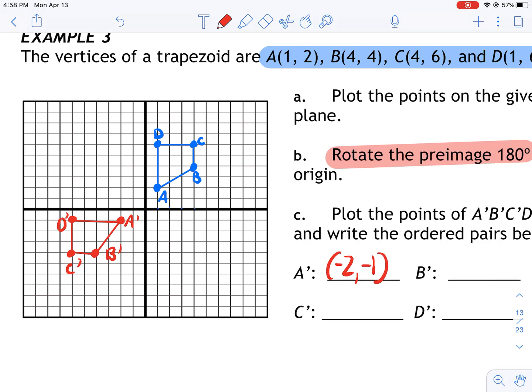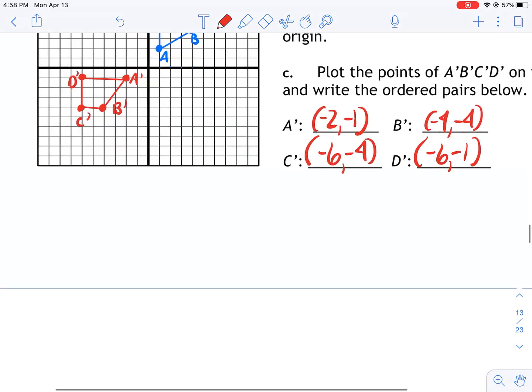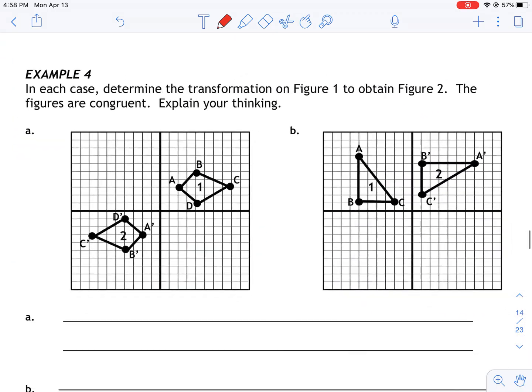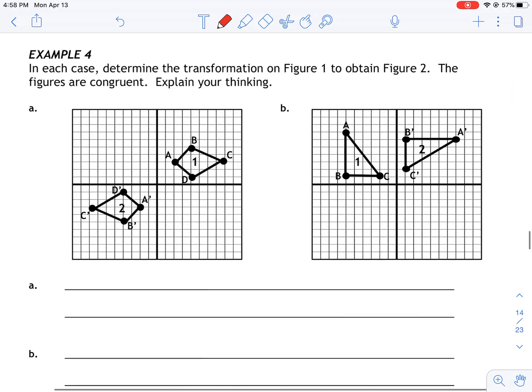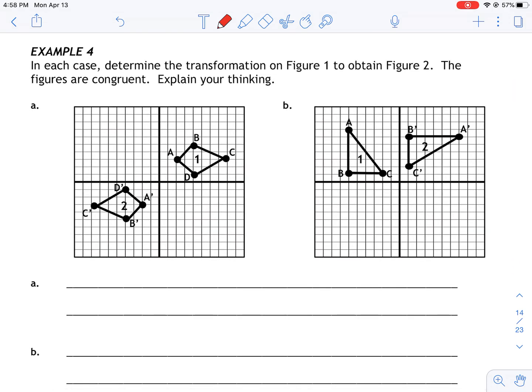So A prime is -2, -1. B prime is -4, -4. C prime is -6, -4. And D prime is -6, -1.